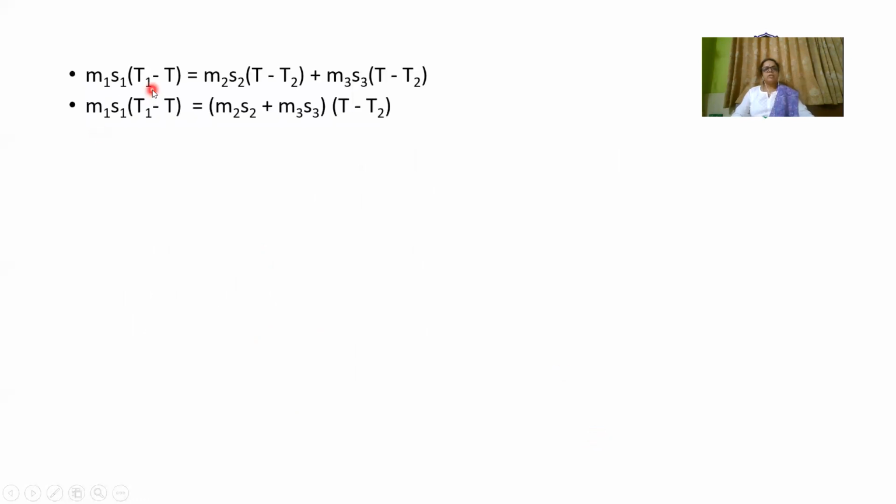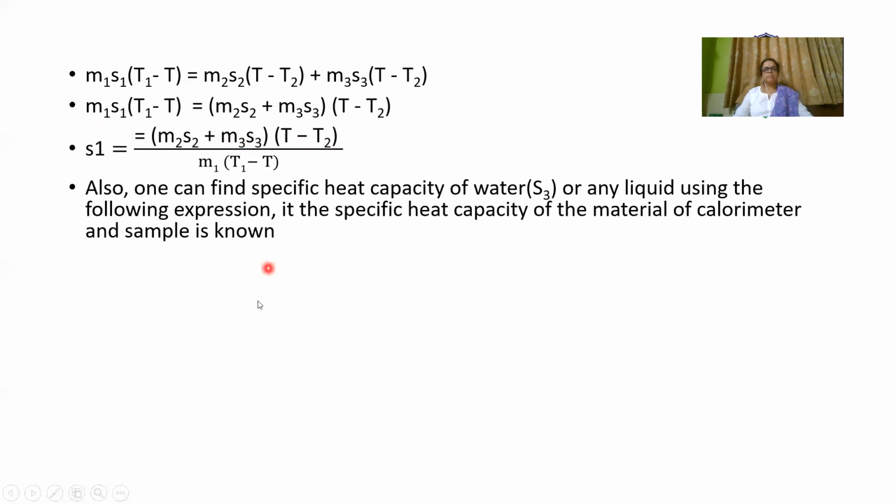M1S1 into T1 minus T equals M2S2 into T minus T2 plus M3S3 into T minus T2. Taking common T minus T2 from the right hand side, we get this next step, and hence S1 equals M2S2 plus M3S3 into T minus T2 upon M1 into T1 minus T.